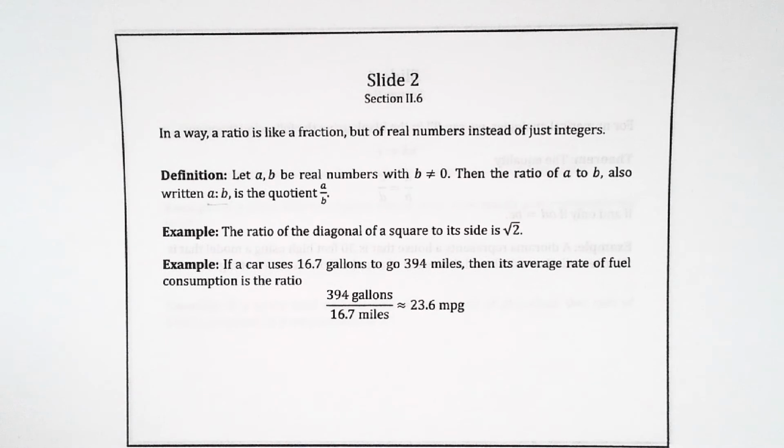And if we compute that ratio, we get about 23.6 miles per gallon. So that's an example of a ratio. Okay, and if we took the same car and we only drove half as far, then we would only use half the number of gallons, but we'd still get the same miles per gallon, presumably.